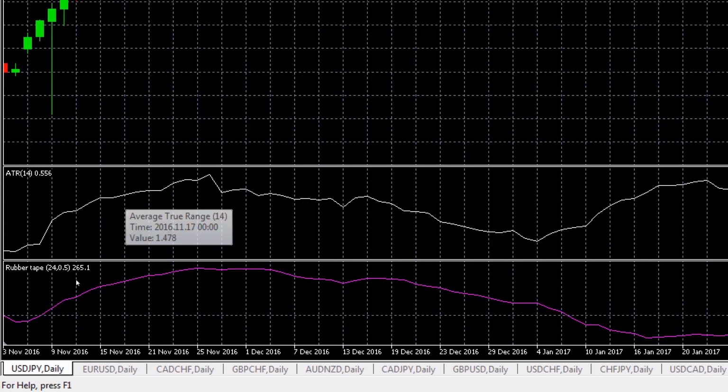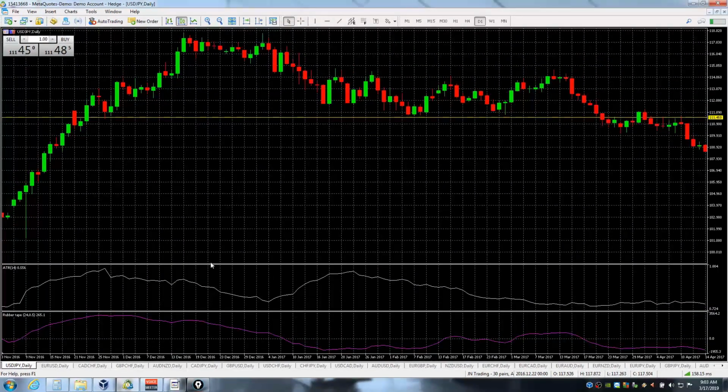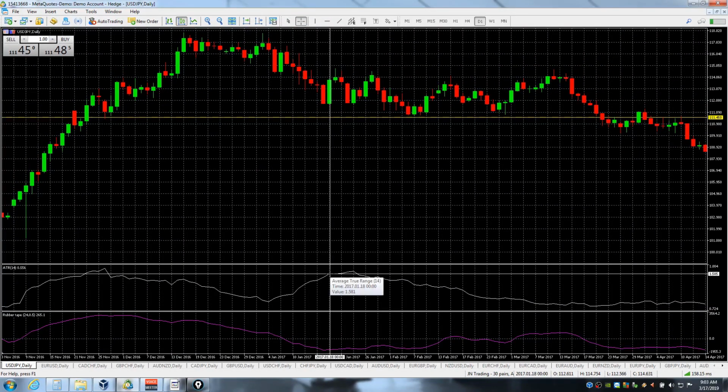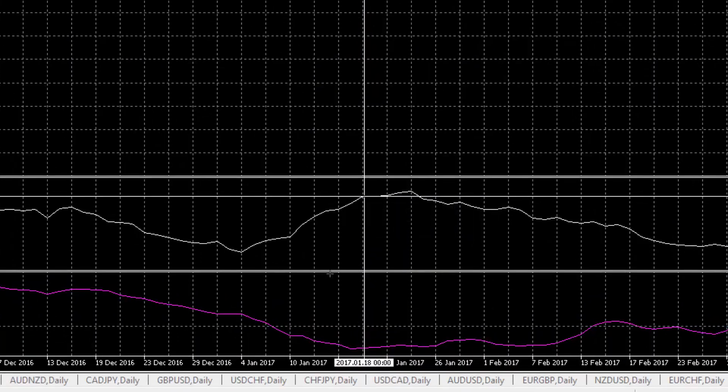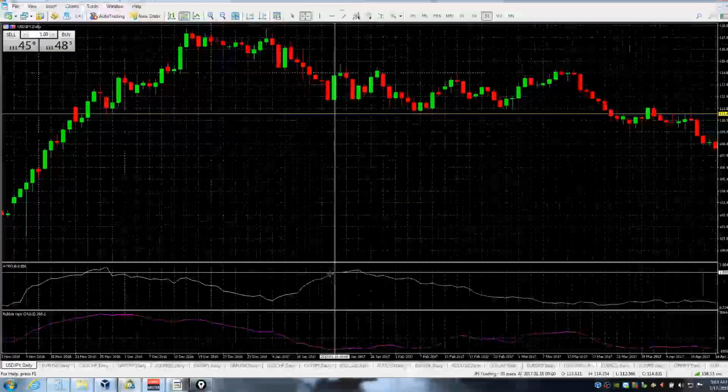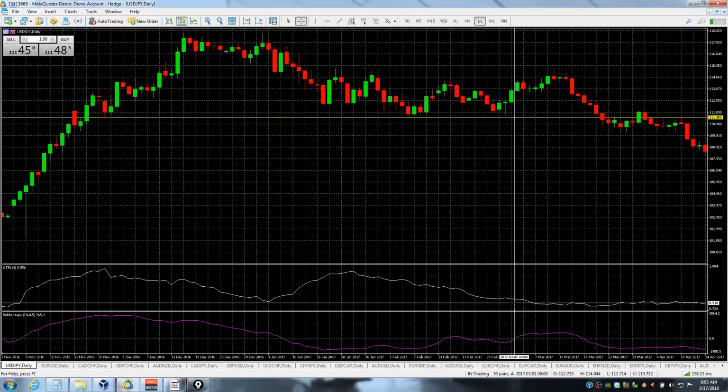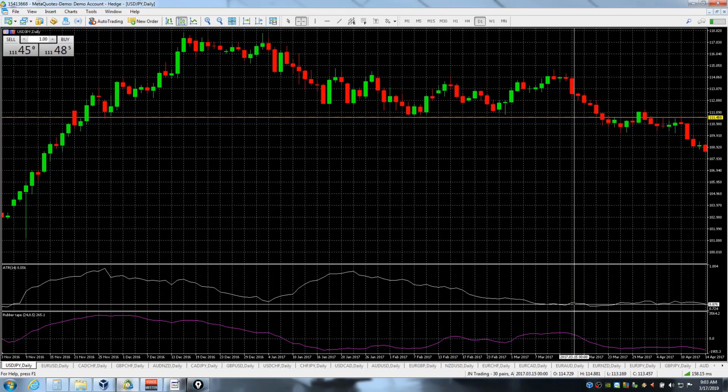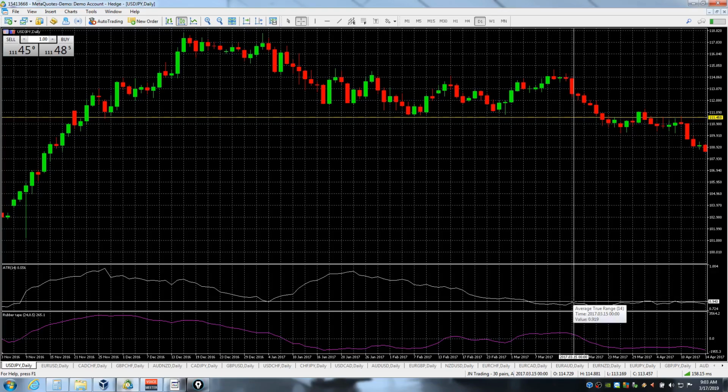Okay, so let's look at the ATR at this point right here. It's saying 1.581, so that's 158 pips. Let's look at it down over here. So 0.91 means 91 pips.